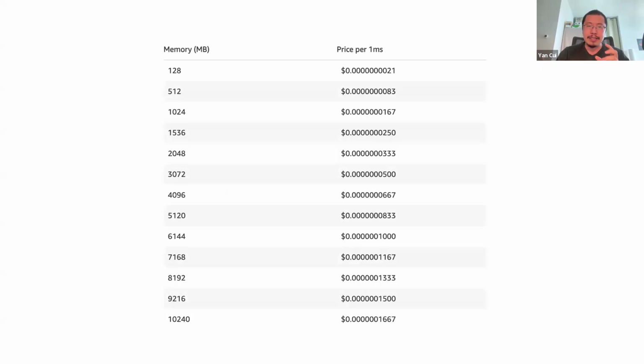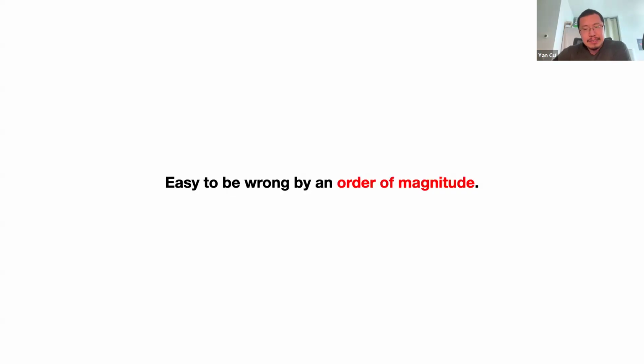The good thing is that if you need extra power for your function, it's really easy to just add more memory, and that gives you a lot more CPU power. But the downside is that you can get things wrong by an order of magnitude really easily.